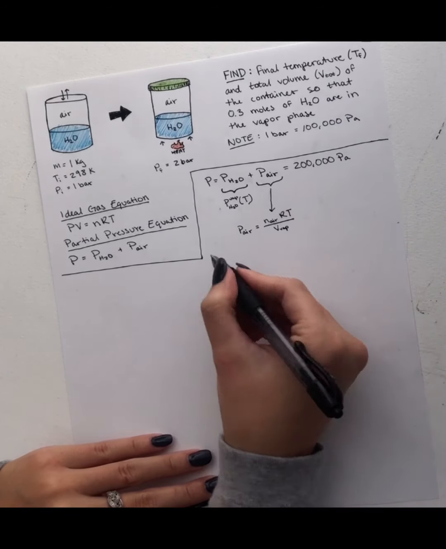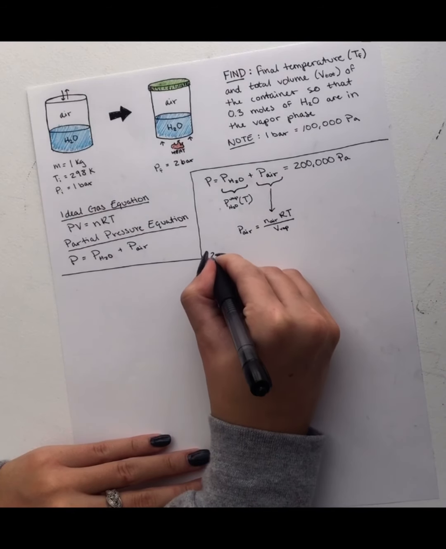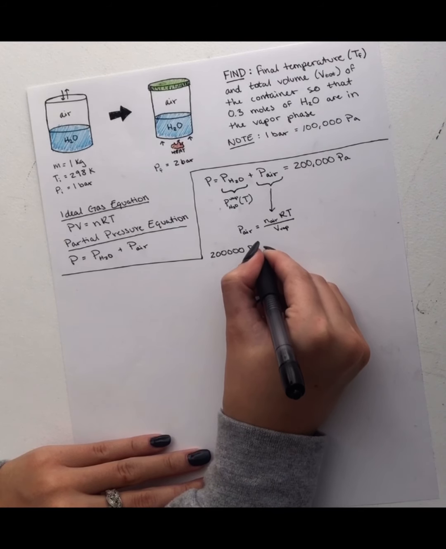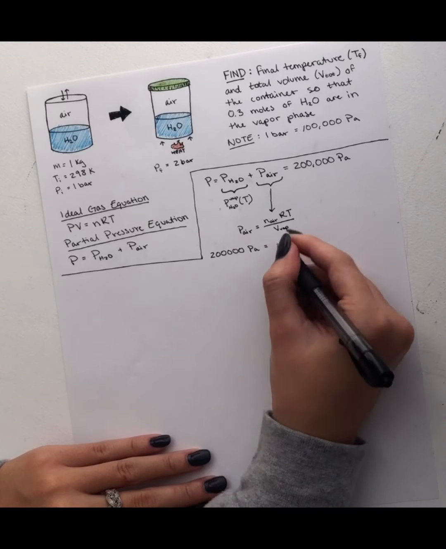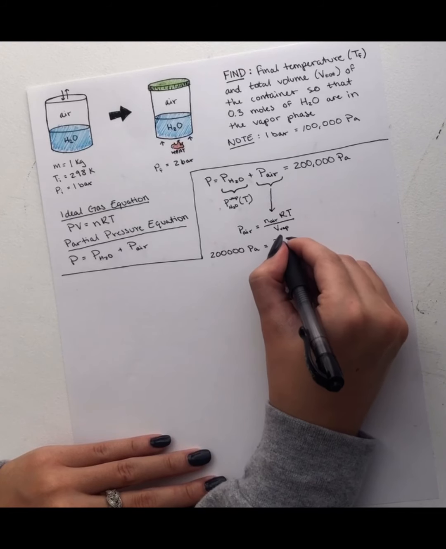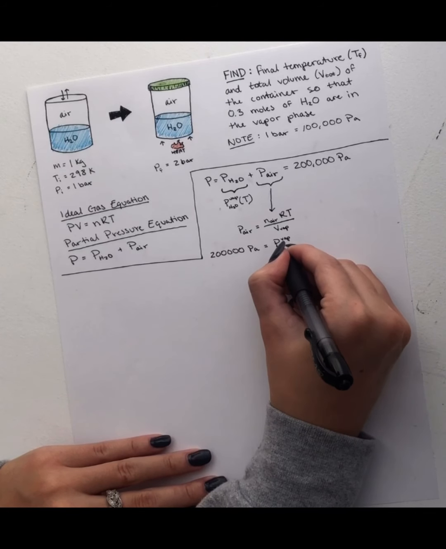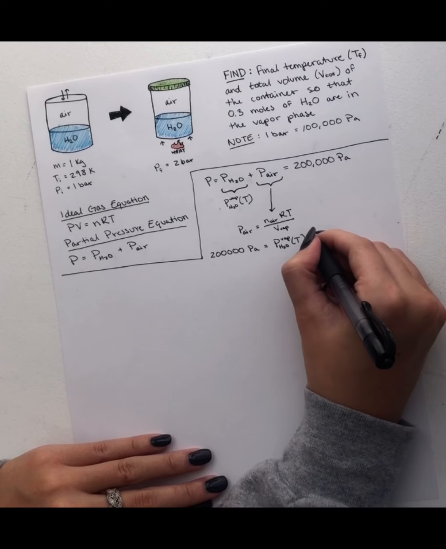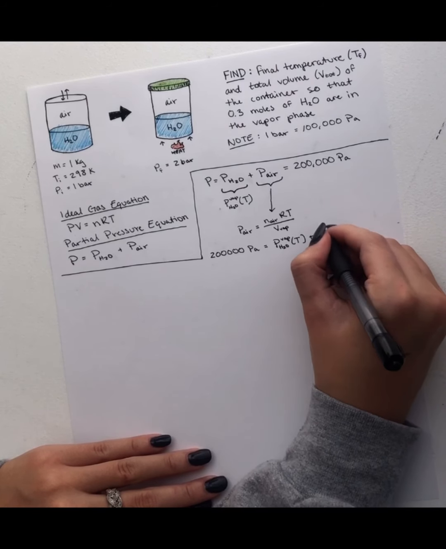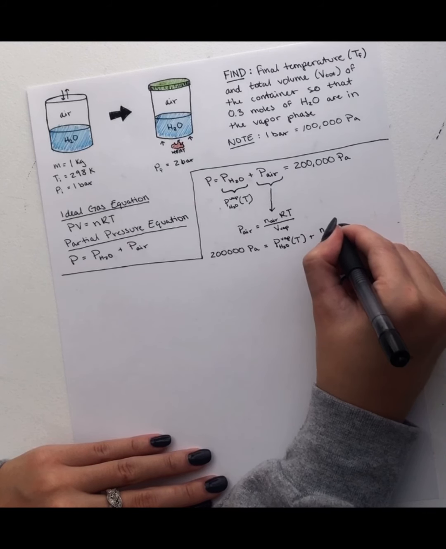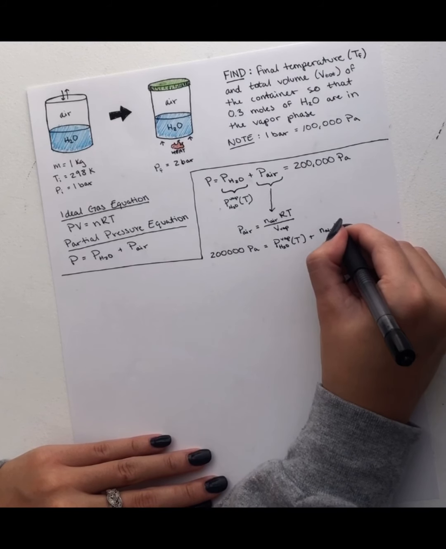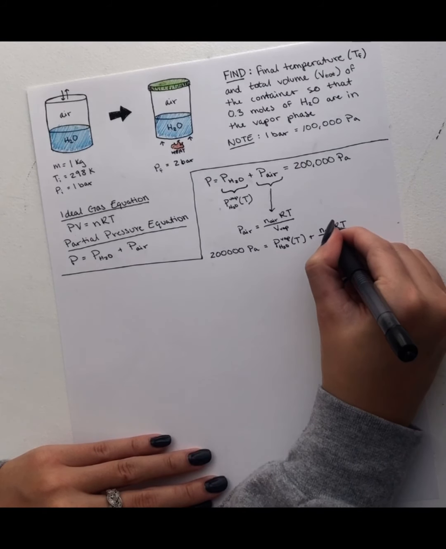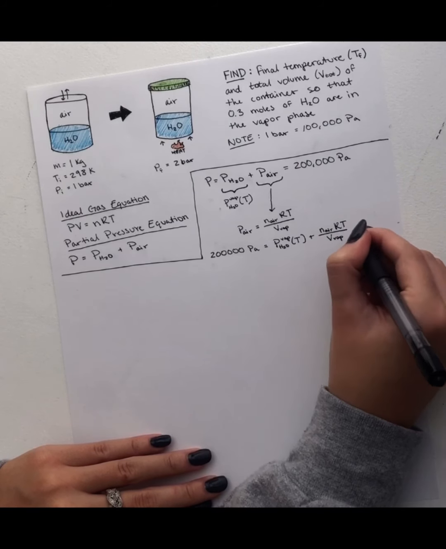So we can sum all of this up as 200,000 pascals is equal to the partial pressure of water, which again we will solve for using Antoine's equation, plus the moles of air times gas constant times temperature over the volume of the vapor phase.